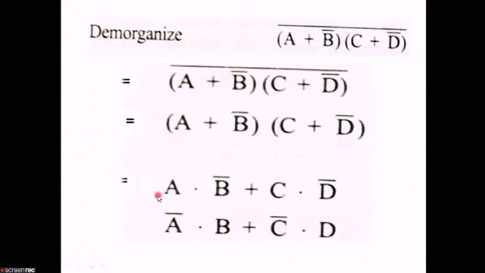Next, what was the second step in the first method? The second step was to change the ANDs to ORs and ORs to ANDs. That is, this OR is changed to AND, and there was an AND here, that is a dot sign, so it is changed to a plus sign, that is OR. Similarly, here there was the OR, it has been changed to AND.